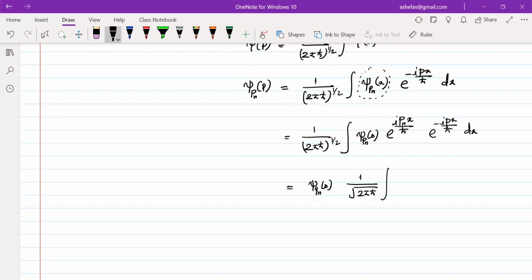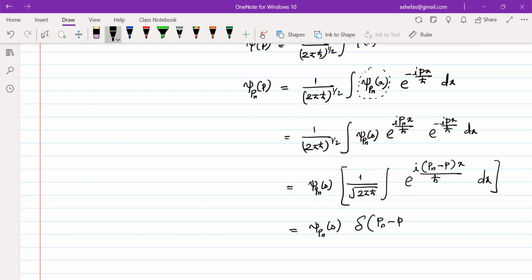So this becomes the integral of e raised to i (Pn minus p) times x by h cross dx. Now this term is nothing but the representation of the Dirac delta function. So this is the Dirac delta function of Pn minus p.